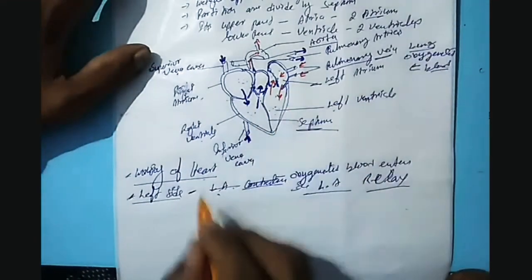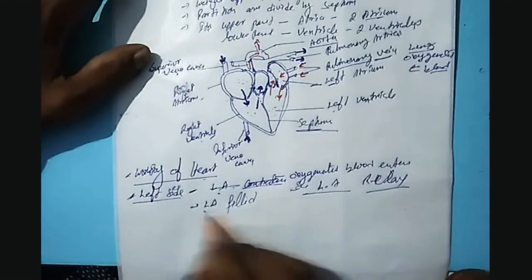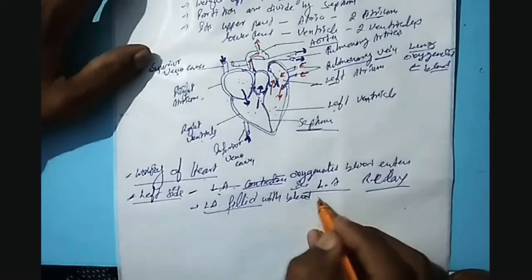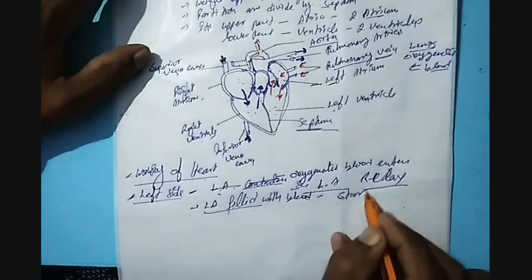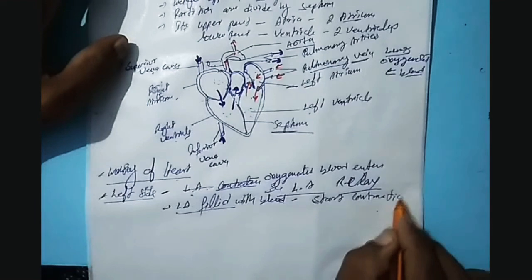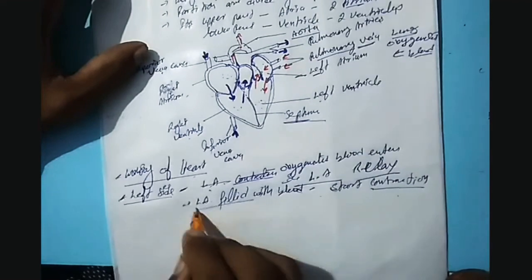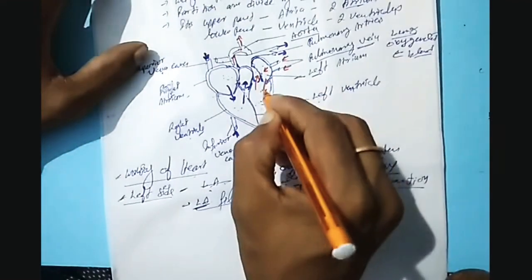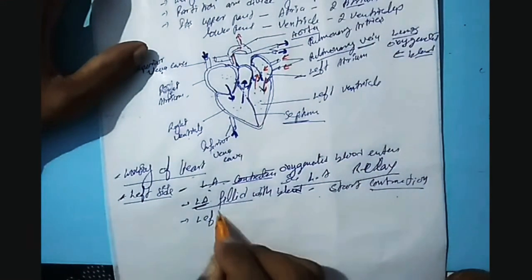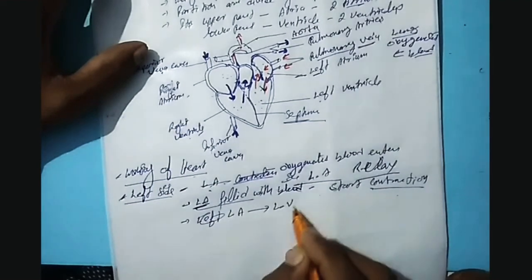When the left atrium is filled with blood, it starts contraction. By the contraction of the left atrium, blood moves into the left ventricle.